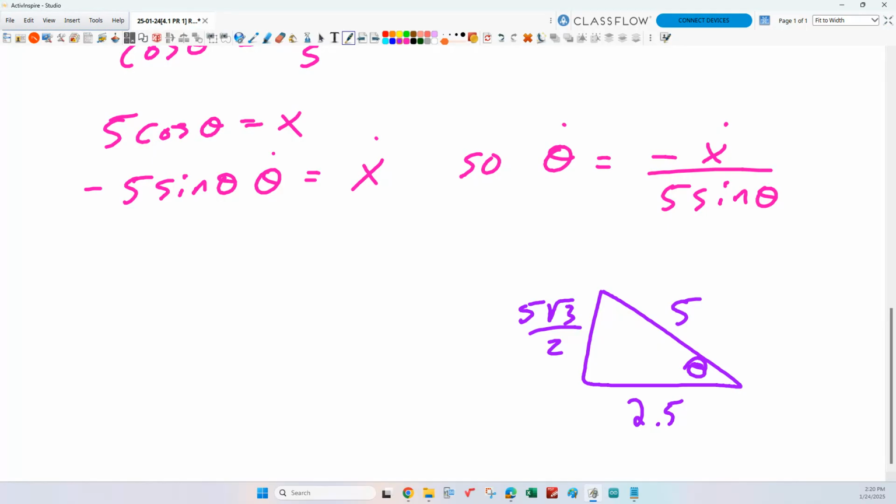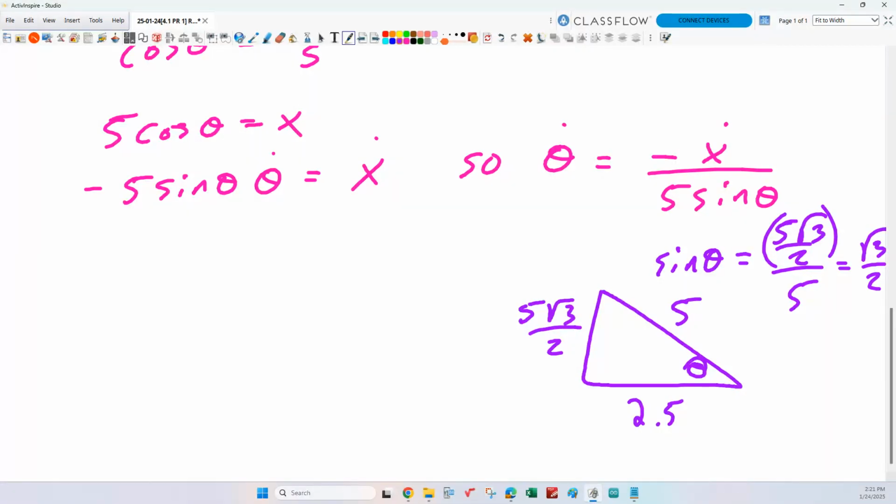If I know all 3 sides of a right triangle, any of the 6 trig functions can be written as a ratio of sides. So we could also say sine theta equals the ratio of opposite over hypotenuse. So it's 5 radical 3 over 2 over 5, and I could cancel the 5's and I just get square root of 3 over 2. Agreed?